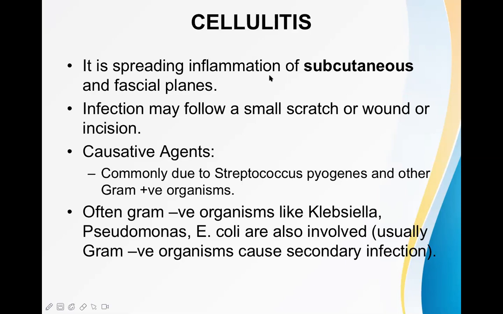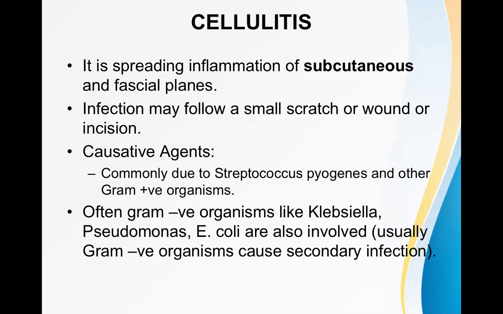It is a spreading inflammation of subcutaneous and facial plane, mainly the subcutaneous area and the facial plane. There are fascia which are located in that area. Fascia cover the muscle, so those fascia separate different regions on the deeper part of the skin.